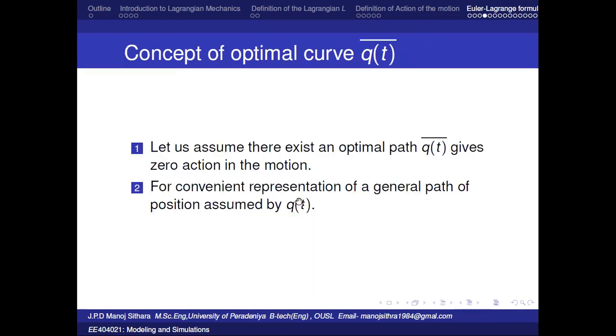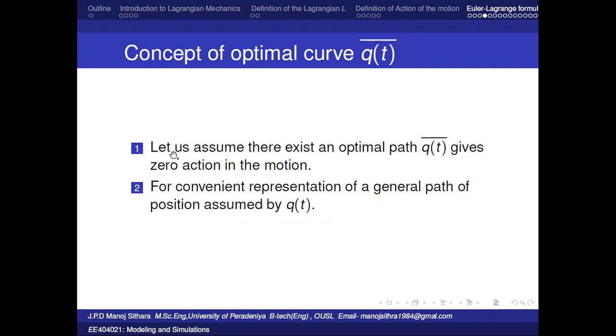Now let us assume that the optimal path, q bar, gives zero action in the motion. This is under the concept of the optimal curve.